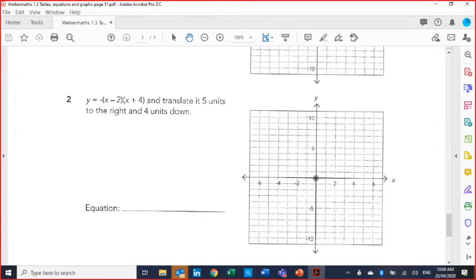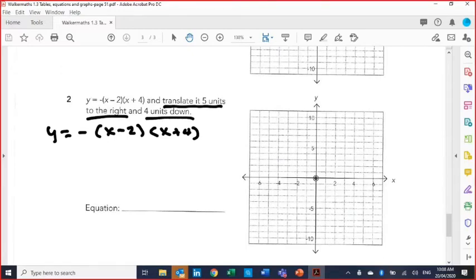What happens if y equals negative x times x minus 2 times x plus 4 if we translate it 5 units to the right and 4 units down? Okay? So 5 units to the right, this means it's going to go that way 5 units, but remember that when you put it in the bracket, that's actually a negative 5.